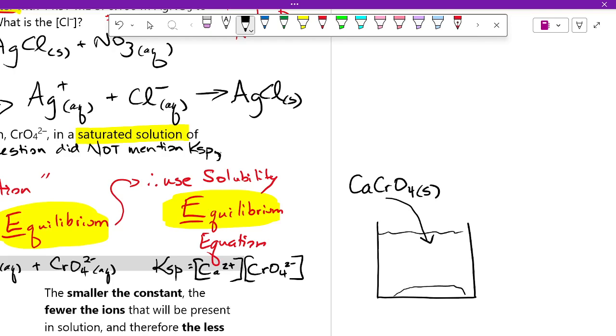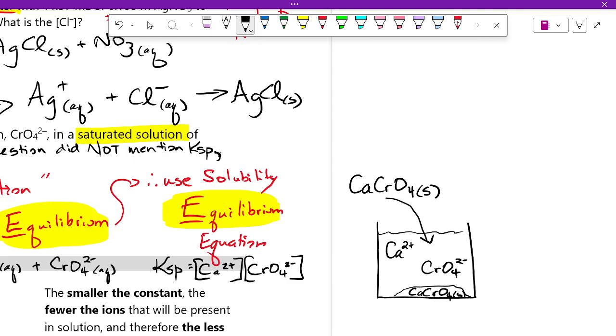There's going to be some solid CaCrO4 at the bottom because it is saturated, but there will be some ions in the solution. What should the ratio of the ions be? 1 to 1.